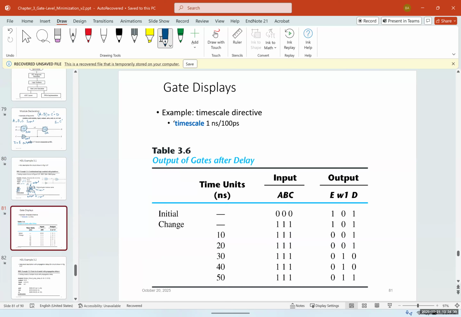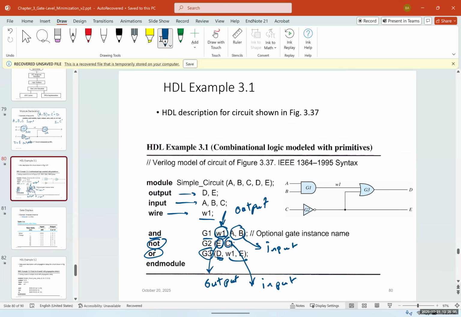And for the gate display, we have to show the timescale directives. What does this mean? This is for modeling a real-world scenario of a digital logic combinational gate. And in the real world, we don't have an ideal logic gate. We don't have instantaneous changes in the output. We have a delay, meaning because we have a system that is cascaded in series, if we want to find the output of G3, which is D, we first need to wait until we find the output of G1, okay?